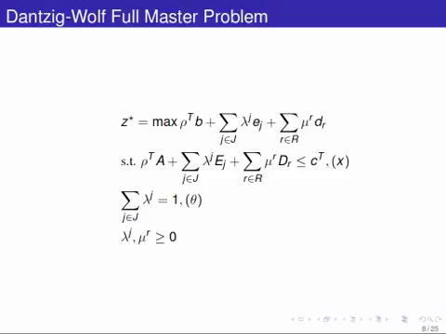And constraints. So let's do with respect to lambda j. Again, to get the dual, well, let's do with respect to rho.